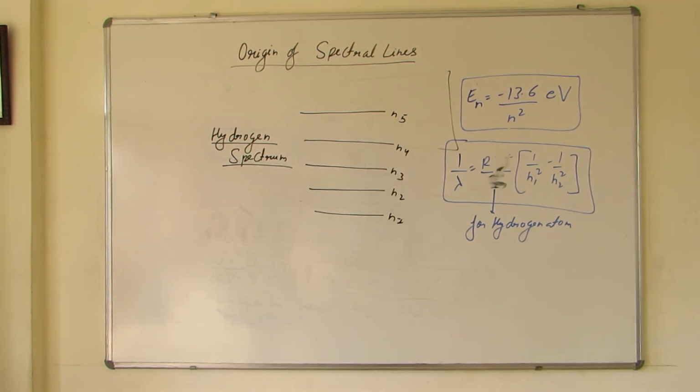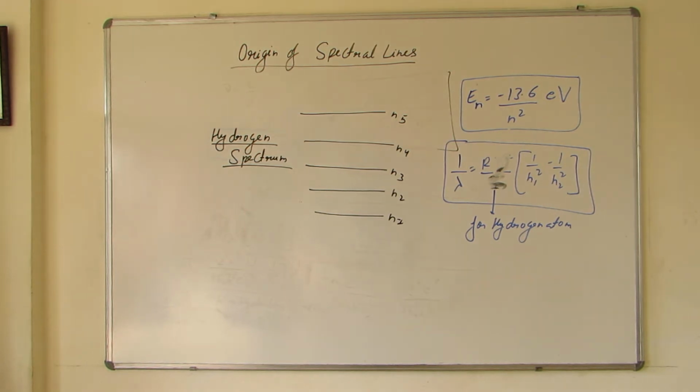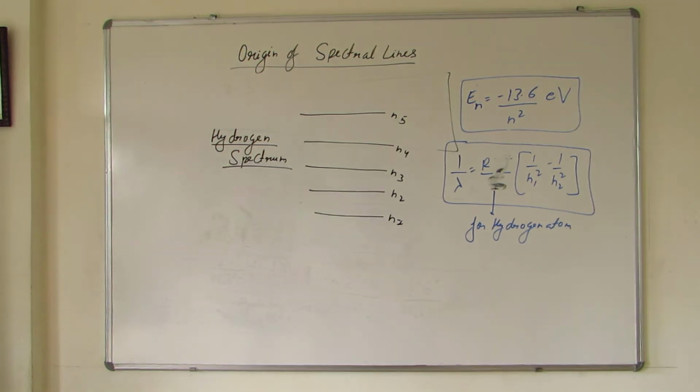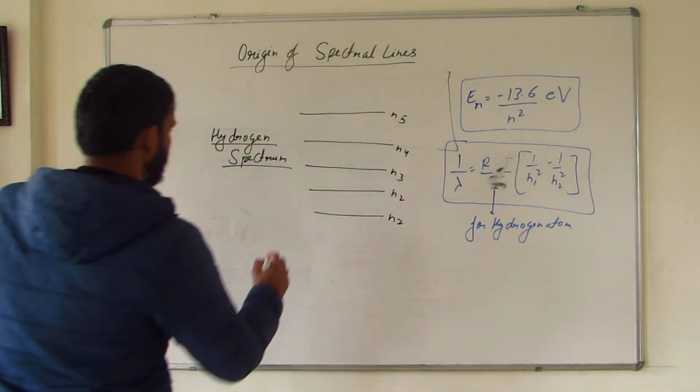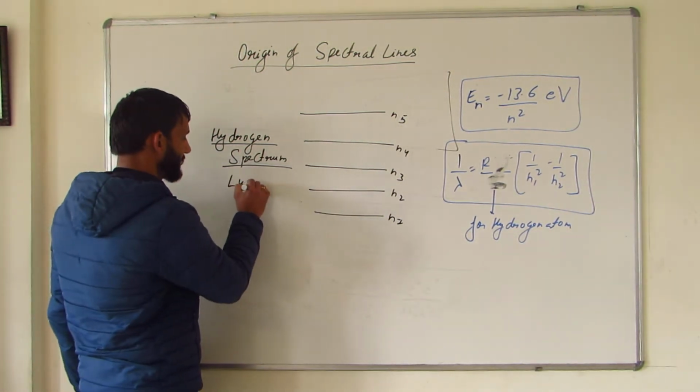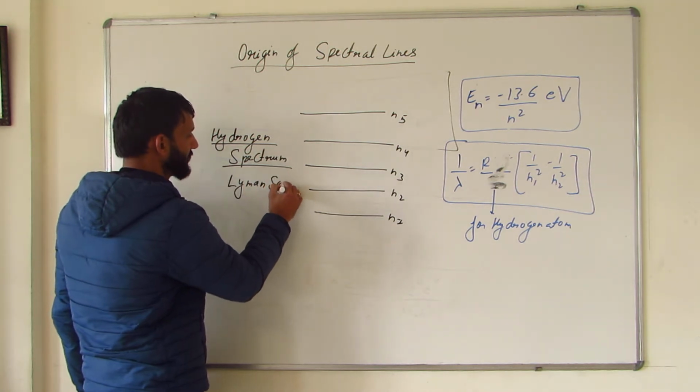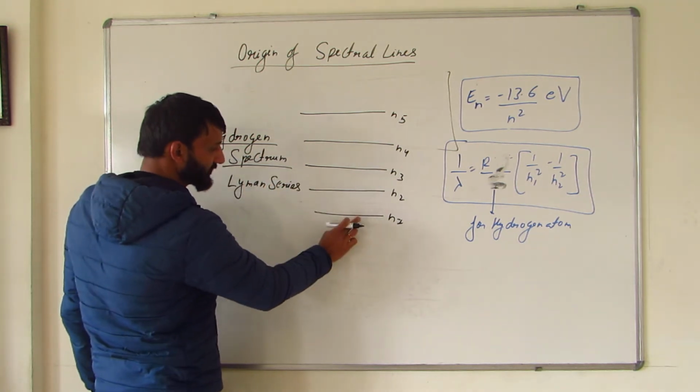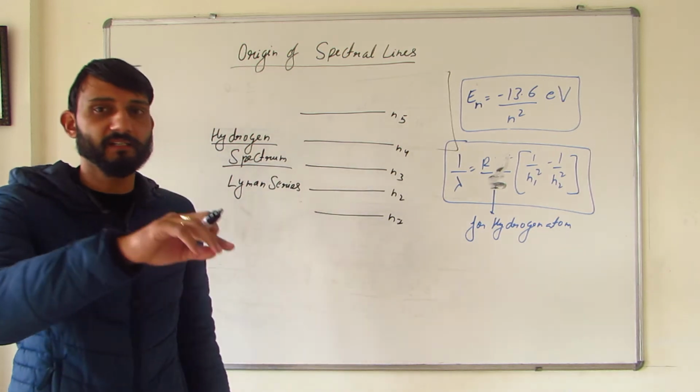In the Lyman series, as you could see in that formula, n1 and n2 are there. For the Lyman series, the electron is in the first orbit and it is jumping to the second, third or fourth.